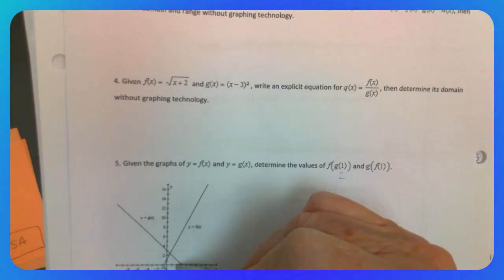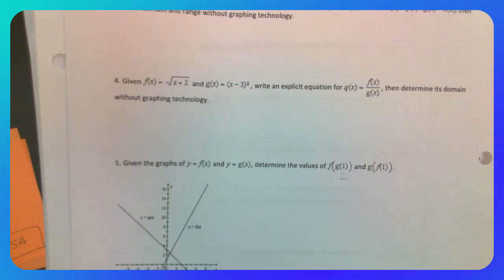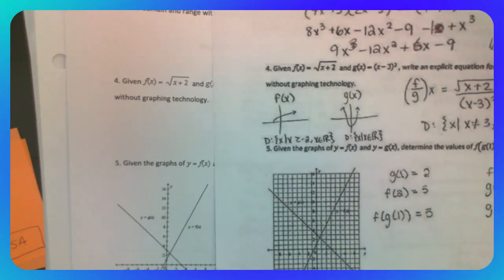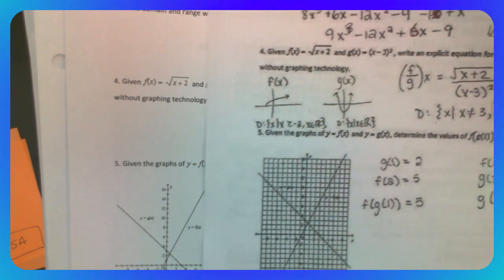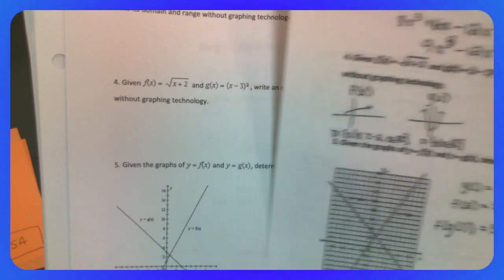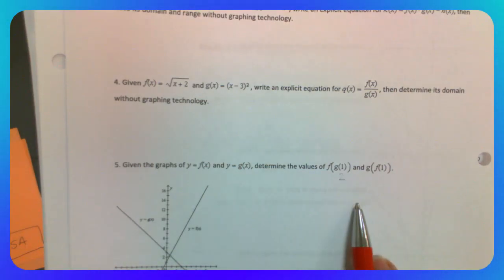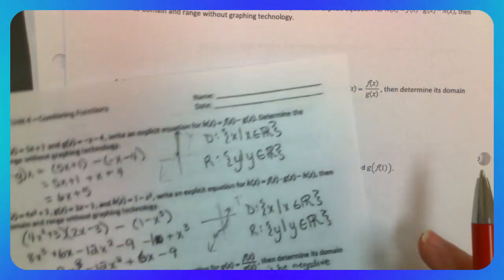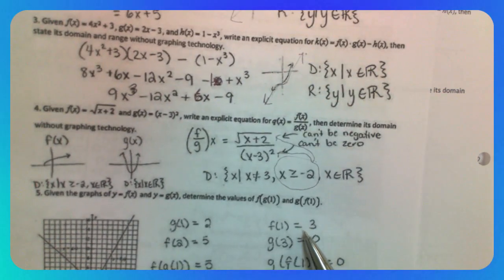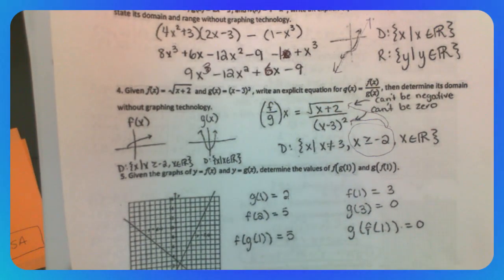You go over to 2 and then up to 1. Well, let me take a closer look at that one. I'll rework this one again because I don't know how they got 5 and they're not showing their work. All right, let's look at this one and see if it's, let me see, they said G of 1 equals 2. I'm not sure if I agree with that.